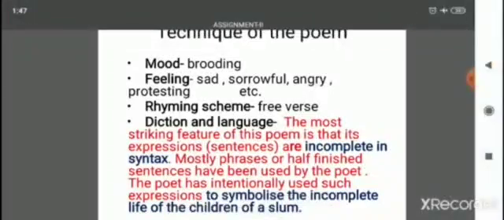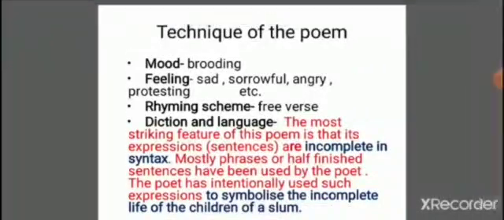But when he gives his own desire, his own wish that he wants to break the slum, he wants to bring the children out of the slum into the lap of nature, sentences start getting completed. Now healthy sentences start coming.